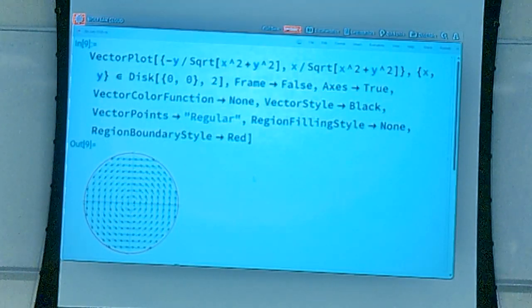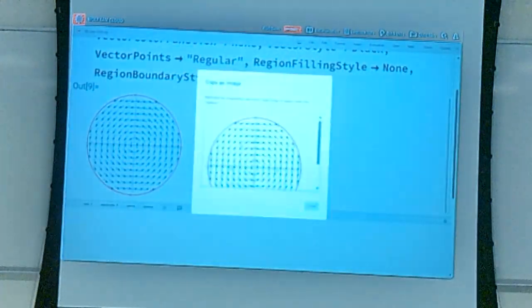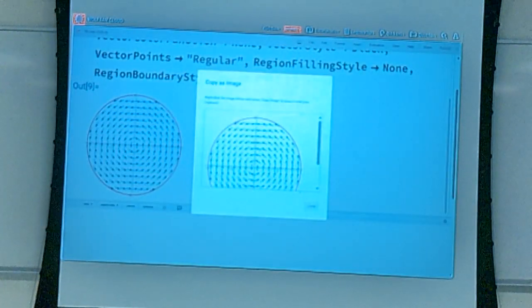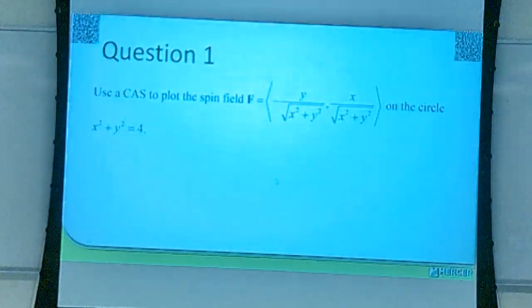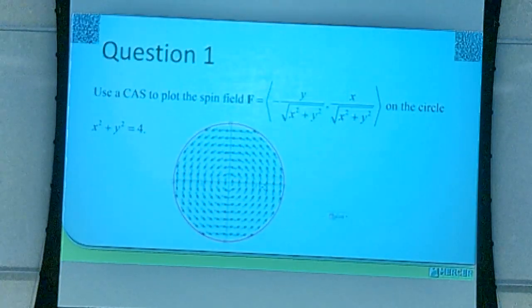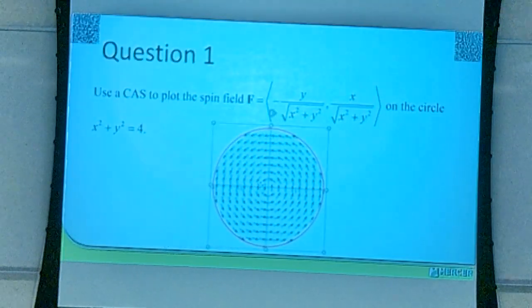So there we go, that'll work. That doesn't look like the vector style is black anymore. Oh, well.